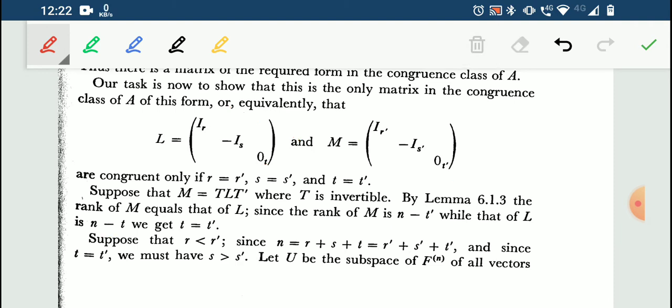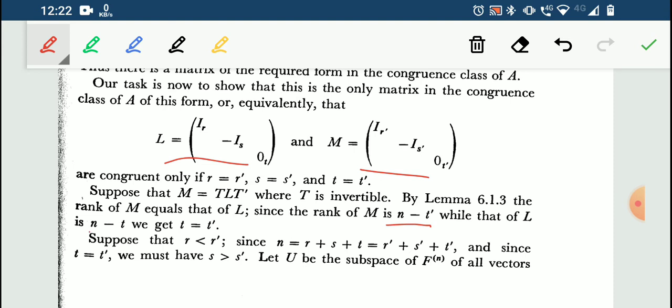So now these two will be the same. How? That is because the rank is said to be the same, and rank is nothing but the number of non-zero rows, and from the number of rows we have removed N minus T. If the ranks of these two are the same, then that number should be the same.